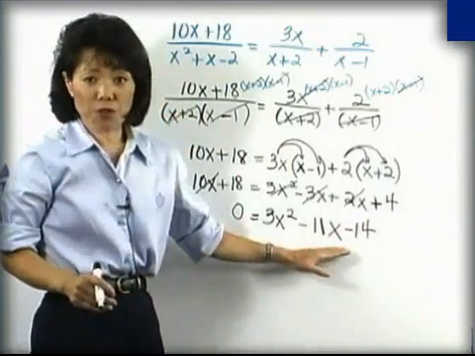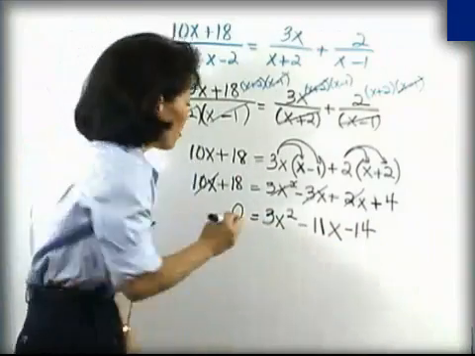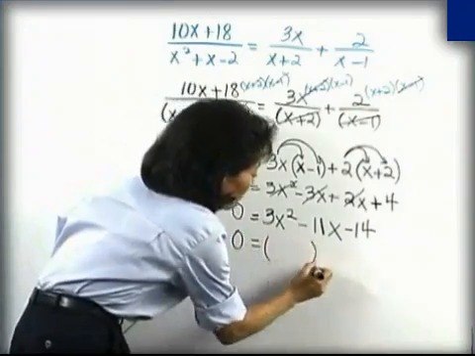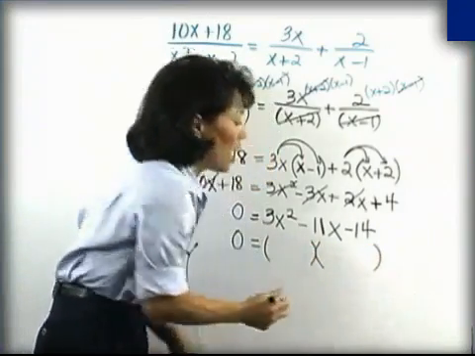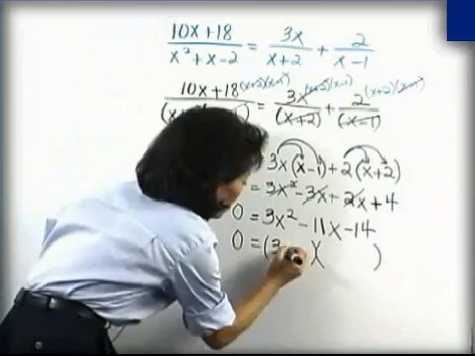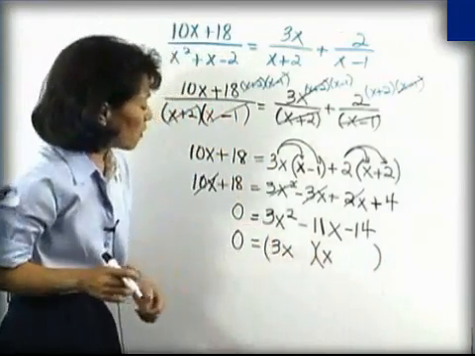Now notice we have a trinomial when the leading coefficient is not 1. So this is the more difficult type of factoring. Now employ any method that you like best, but I'm going to use the trial and error method. I know that my first two terms must be x and x because I have a 3 here.